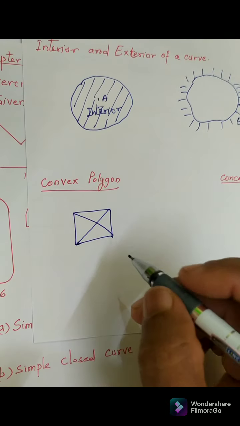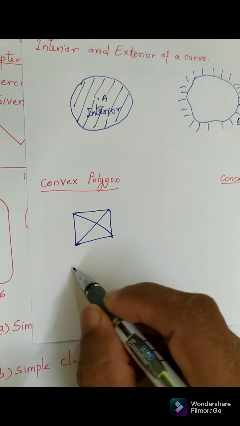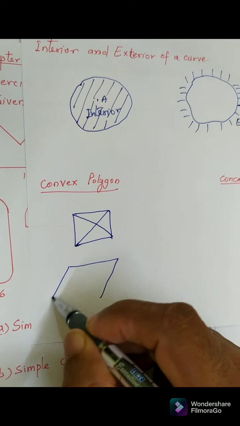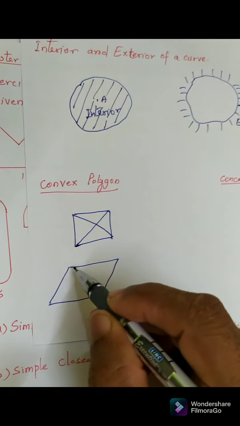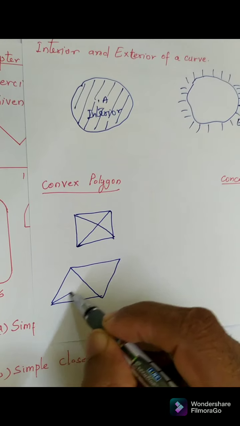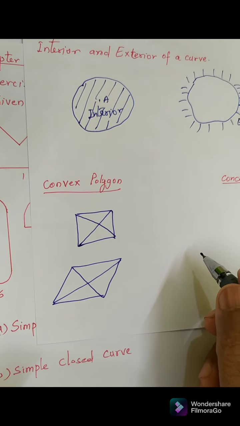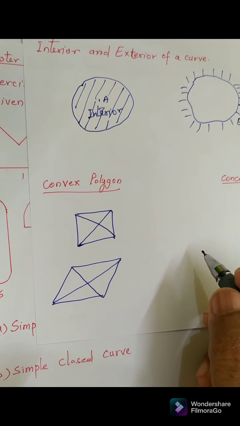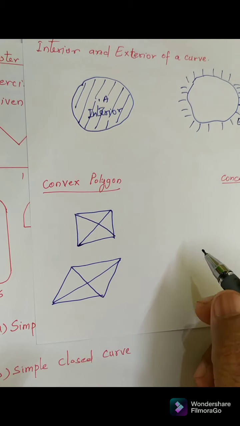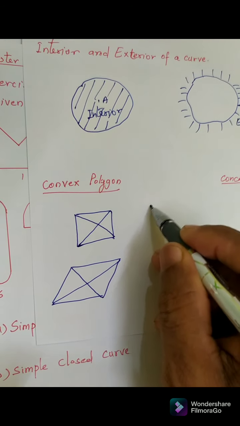You can take as many figures as you want. Say I take like this. The diagonal of that polygon is in the interior. So this is a convex polygon. I can take any type of figure like this also.